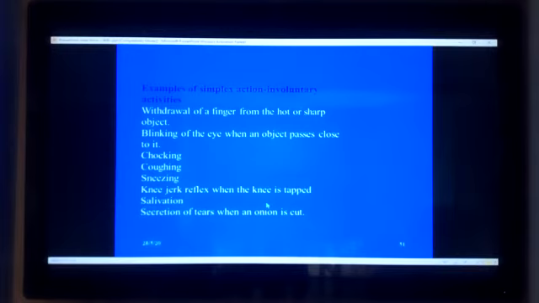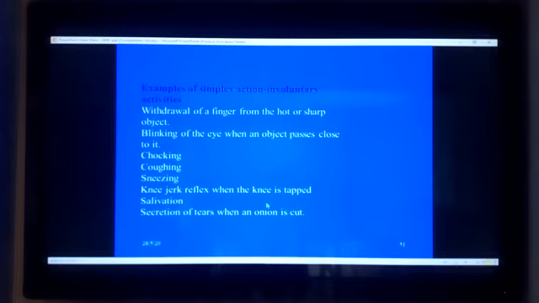Now, before we look at the reflex arc, I want to highlight a few examples of simple reflex action. And in this case, we are actually looking at activities that we refer to as involuntary. That is, the brain is not involved, and therefore they occur rapidly or spontaneously.